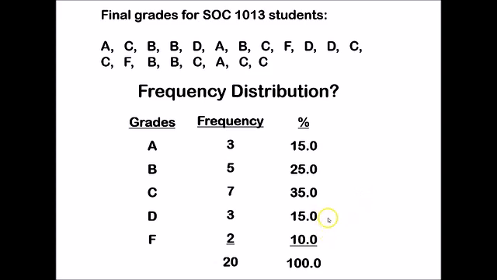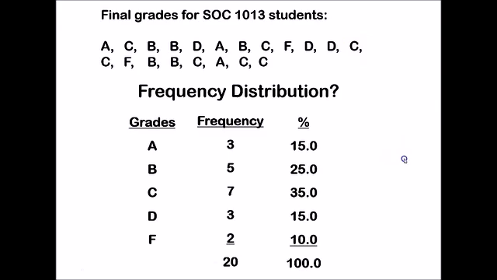On the other hand, we can say that 25%, 1 out of 4 students, weren't performing well by virtue of their performance in terms of D's and F's. And we can say that about a third of the students were performing at a kind of average or C level. So we can see with this frequency distribution certain patterns that would otherwise obviously be quite impossible to determine by simply looking at those random grades up here.